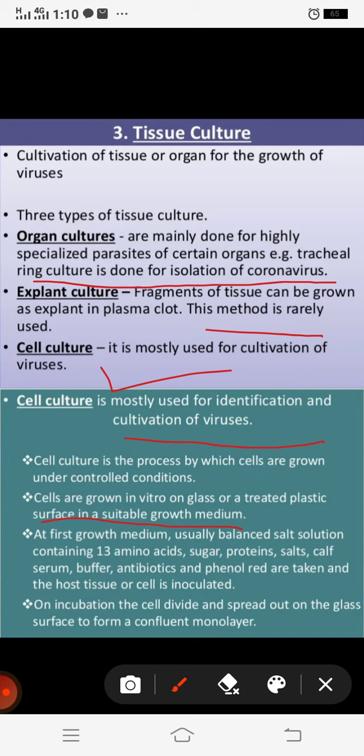At first, a growth medium, usually a balanced salt solution containing amino acids, sugar, protein, salts, serum, buffer, and antibiotics, is taken and the host tissue or cell is inoculated. On incubation, the cells divide and spread out on the glass surface to form a confluent monolayer.